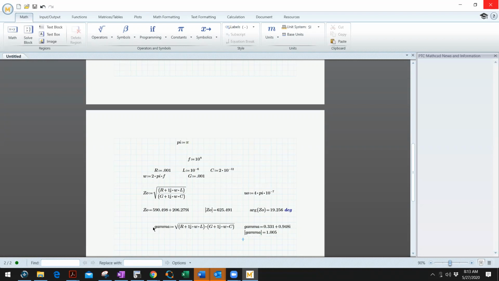And really, for gamma, you should just leave it in terms of real and imaginary. One point I'm going to make: the angle of Z naught is not the angle of gamma, and that's something you should realize just for now.